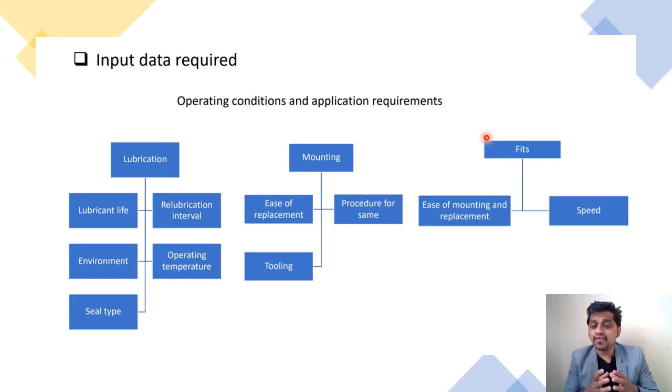So do we have any combined tool so that we can consider all these parameters? Yes, SKF is a manufacturer of bearings, and they provide us a free tool through which we can select the required bearing. Let's see how we can select our bearing through this tool.